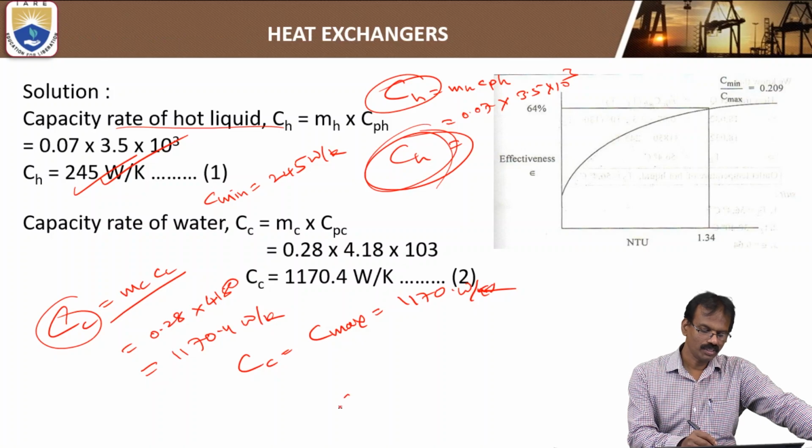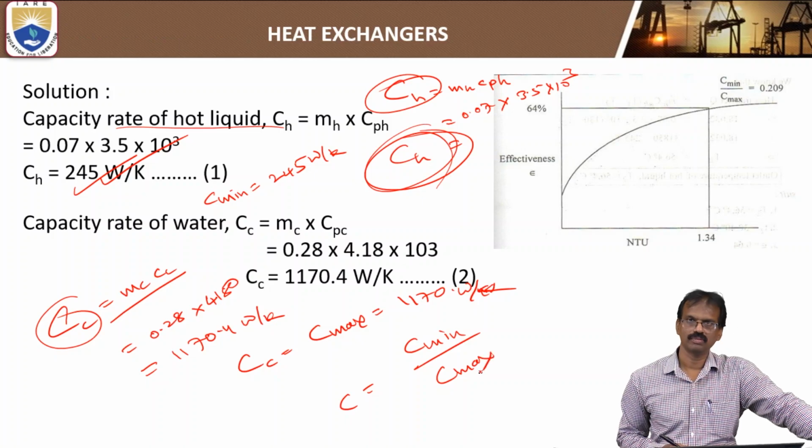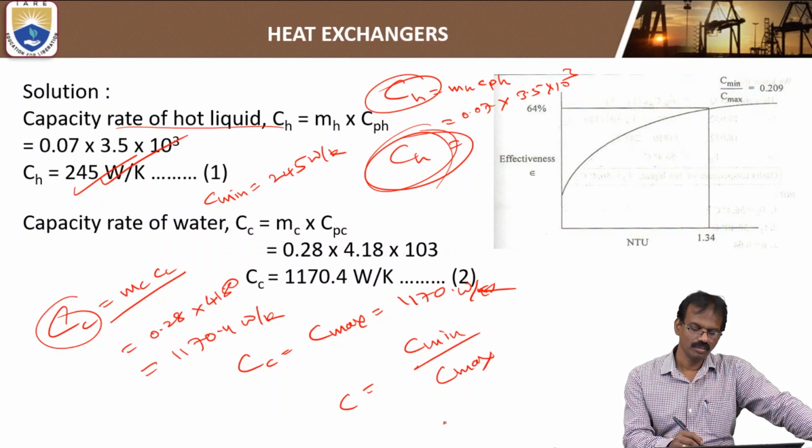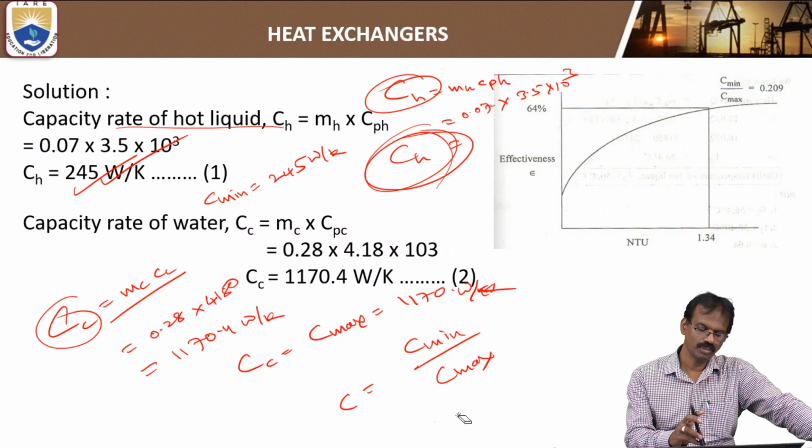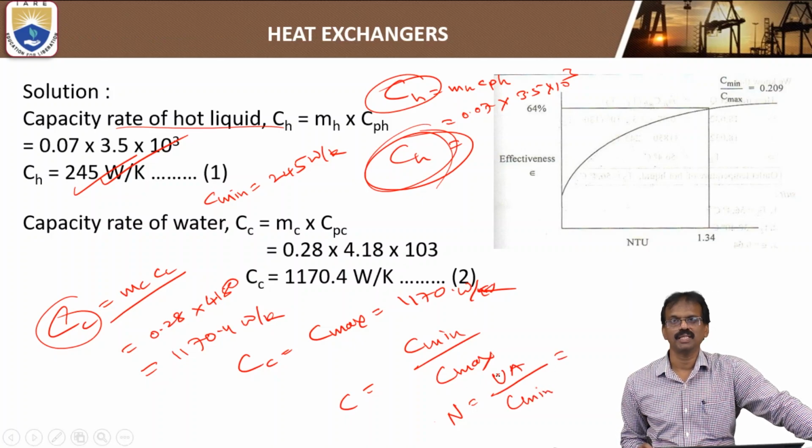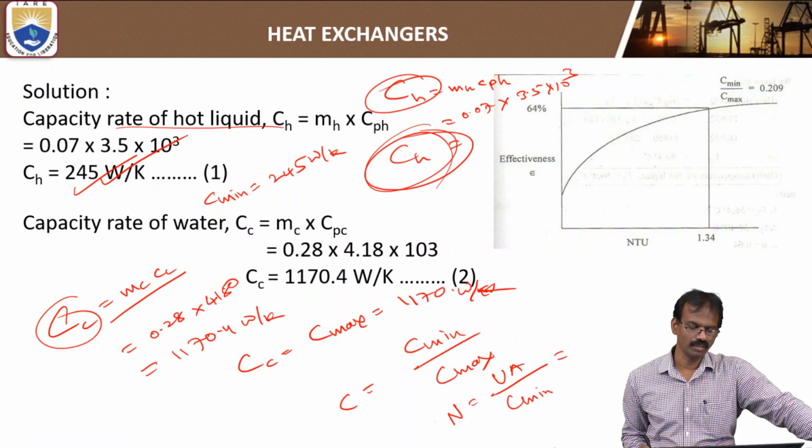Then you can find C, which is equal to C minimum by C max. For finding the effectiveness, you have to find the NTU. NTU you can also represent as N. N is equal to NTU is equal to UA by C minimum. The U value and A value have been given, so you can substitute those values.